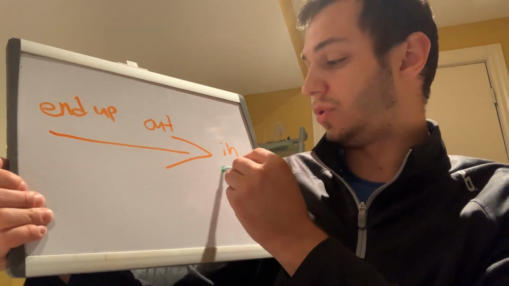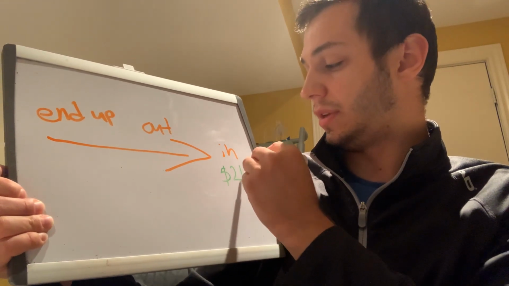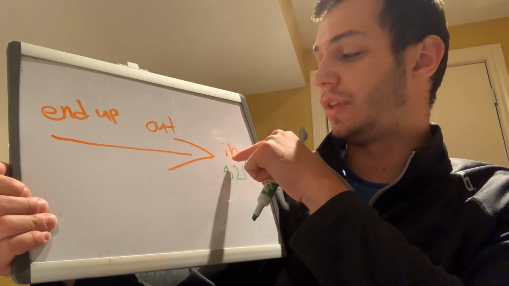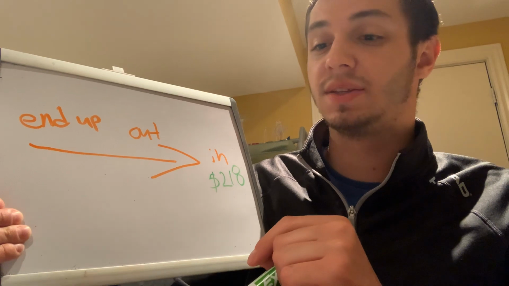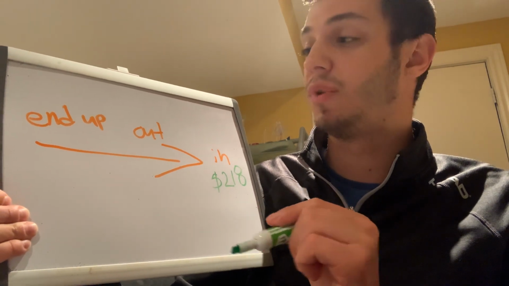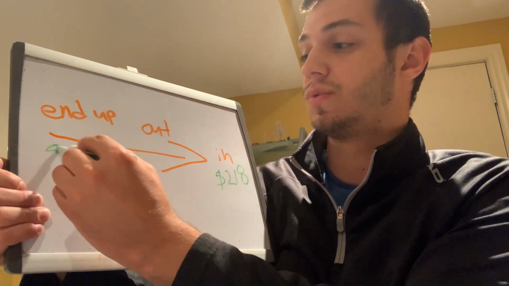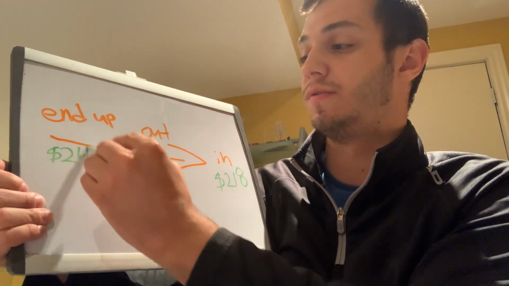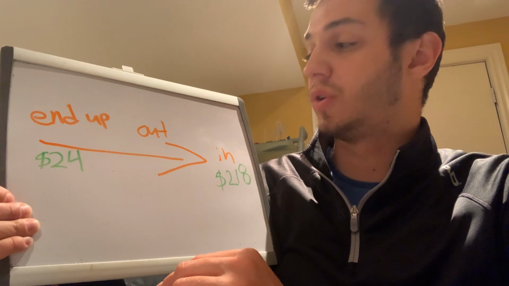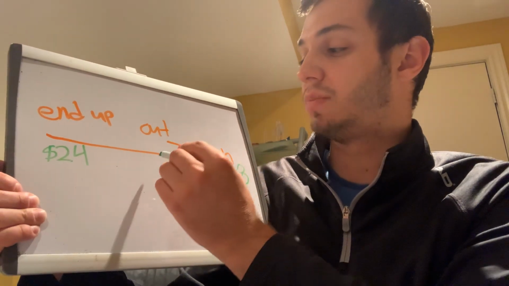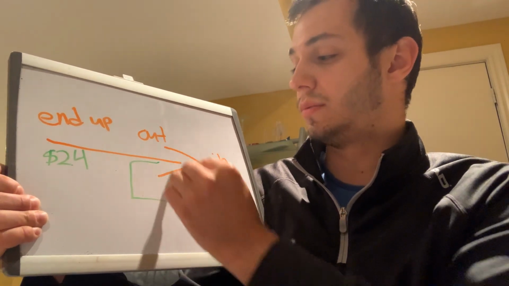So I'm going to put 218 right underneath the in category. Then it tells us how much the person ends up with. The person ends up with $24. So right here will be $24. So what we have to figure out is how much did the person spend, or how much money is out.